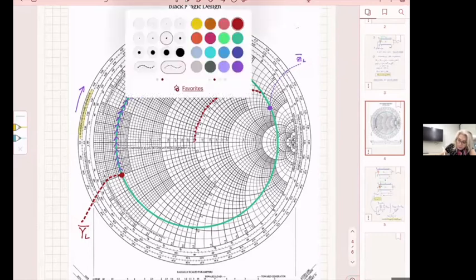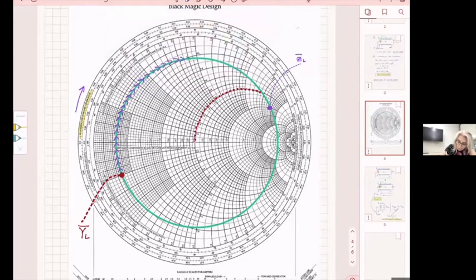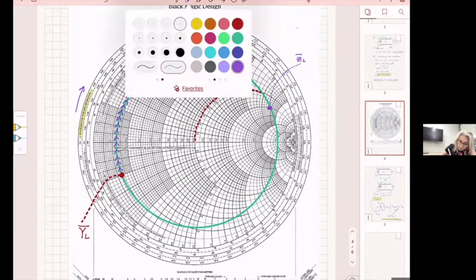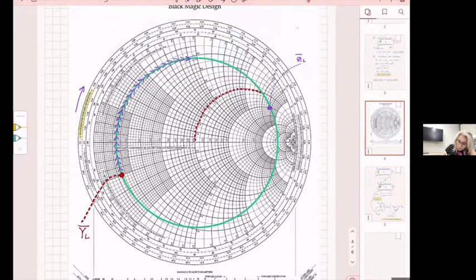So I'm moving now along my circle until I find this red circle, which is here.